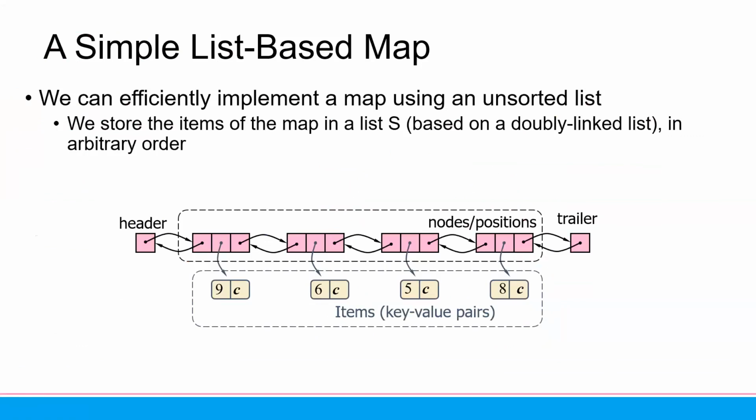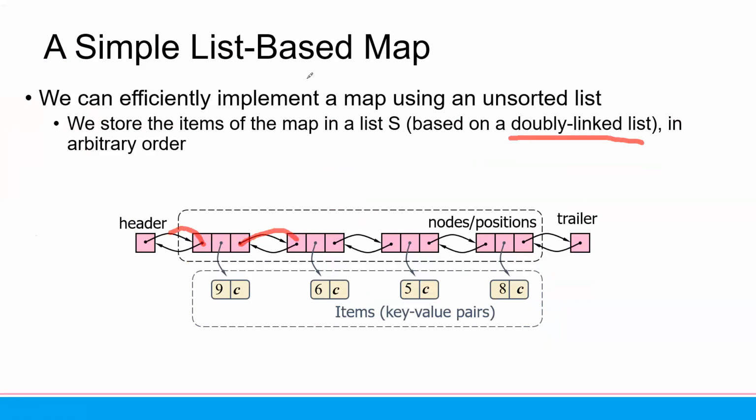In the case of the unsorted list, we can store the items of the map in a list. Let's say I want to use the doubly linked list. Do you still remember what a doubly linked list is? We have the connection with the previous and next.